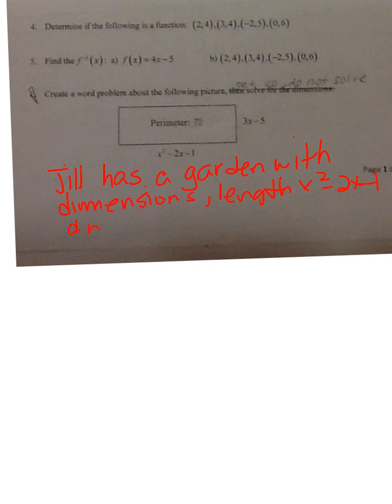Okay, so let's put: Jill has a garden with dimensions length x squared minus 2x minus 1 and width of 3x minus 5.